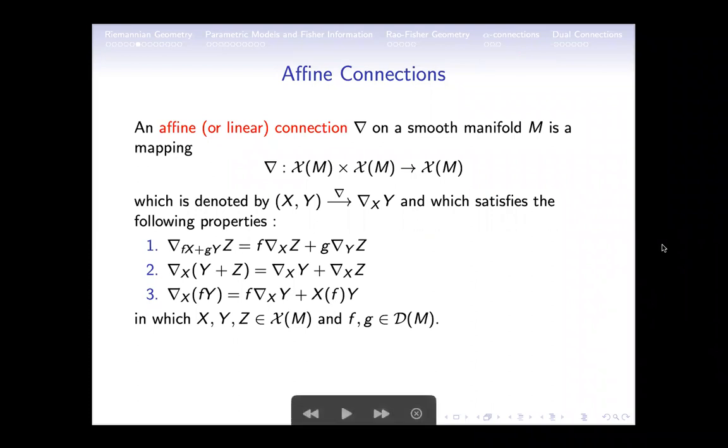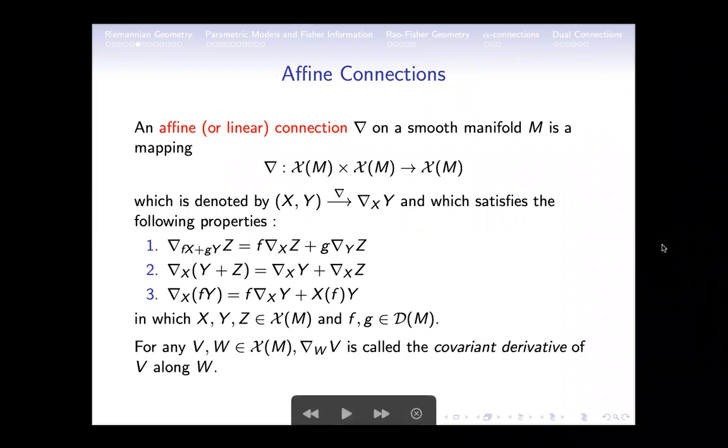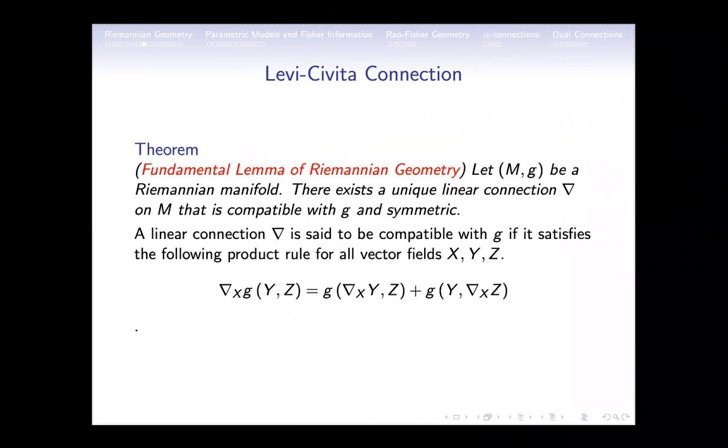Before defining an affine connection, there is one compatible and symmetric affine connection associated with every Riemannian metric G. That is the fundamental theorem of Riemannian geometry, which says that if you start with a Riemannian manifold, that is a manifold M and a Riemannian metric G on it, then there exists a unique linear connection nabla on M that is compatible with G and symmetric.